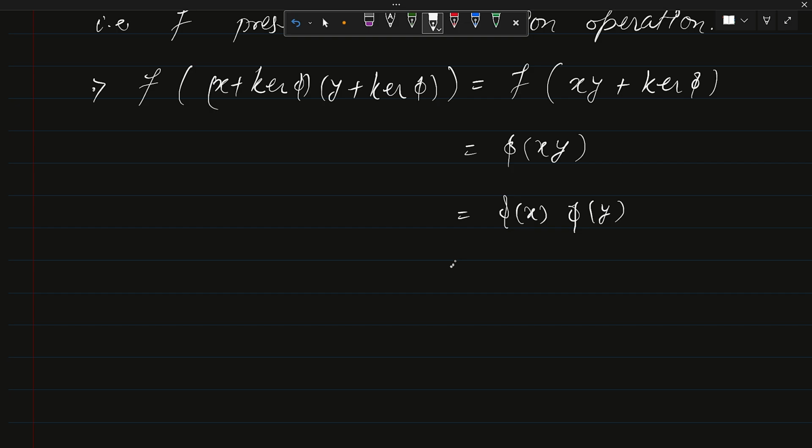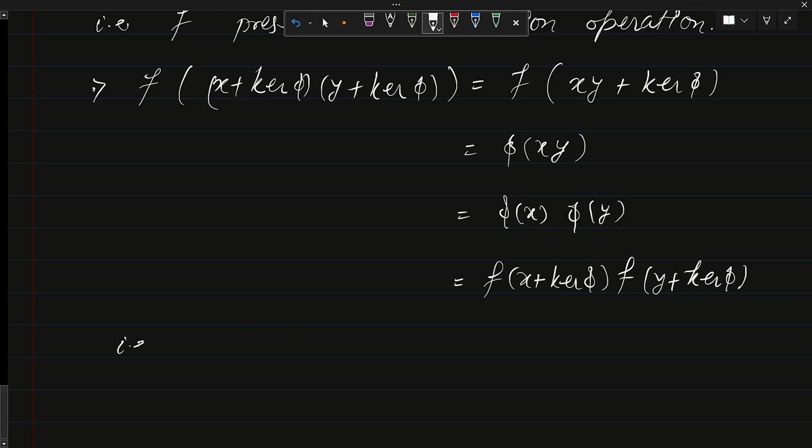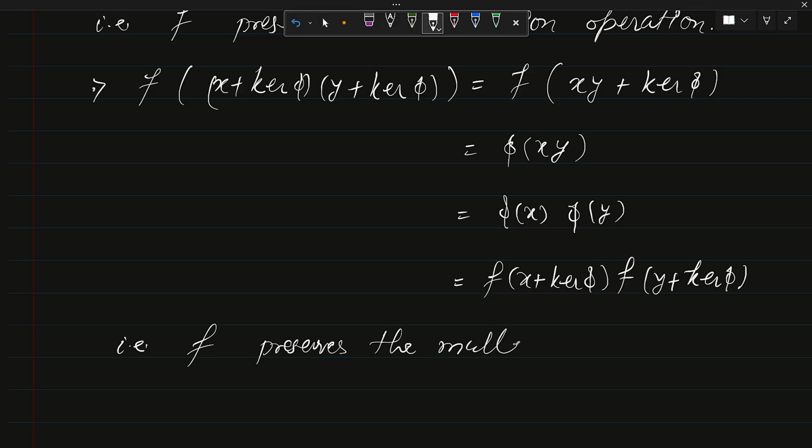Now what is phi of x? This is the f image of x plus kernel of phi, and phi of y is the f image of y plus kernel of phi. Okay, that is f preserves the multiplication operation.